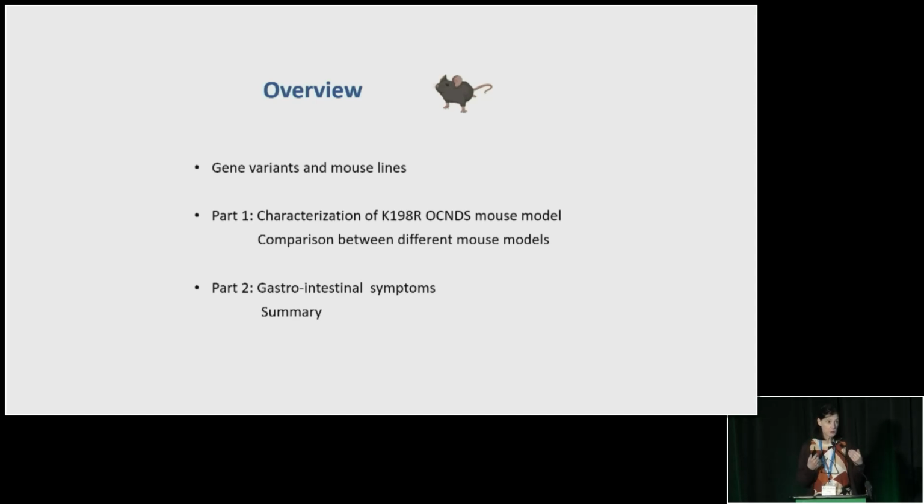Then we have recruited more mouse models to compare whether they have similar symptoms and what the differences are between them. In the second part, I'm going to talk about a study that has spun off of the characterization of the first mouse model, which is understanding gastrointestinal symptoms in the mice. That's quite an exciting project right now in the lab.